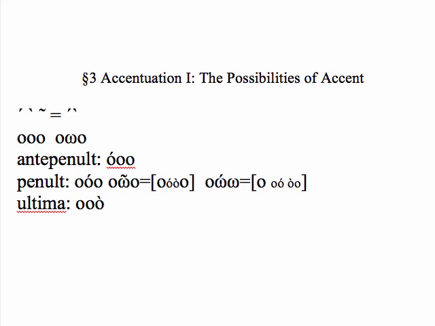This essentially means that this word carries no raise in pitch. There's only one scenario in which the Greeks liked to raise the pitch of their words, and that's when they came at a full stop, either a period or a raised period. Okay? If you have a word that is followed by another word, and the accent is on the ultima, that accent is going to be a grave.